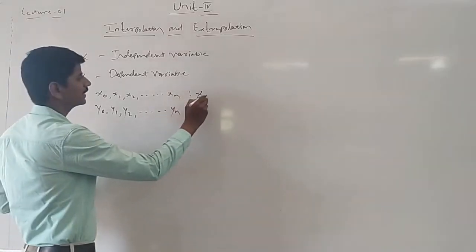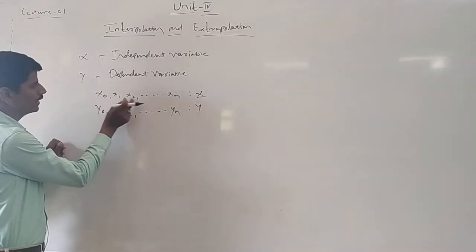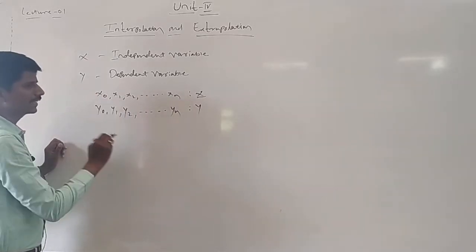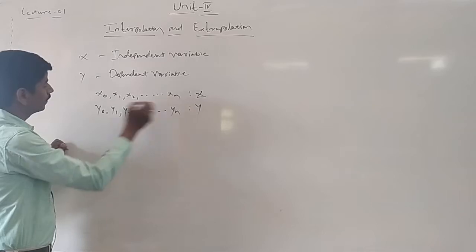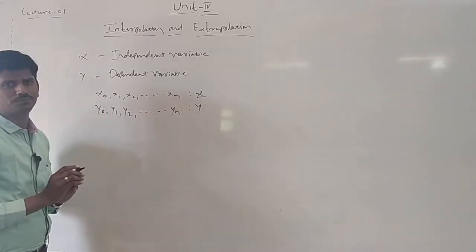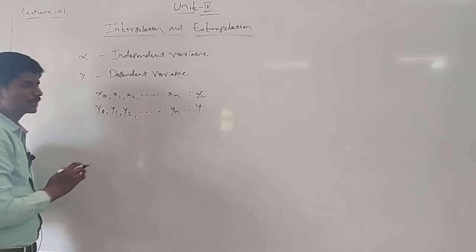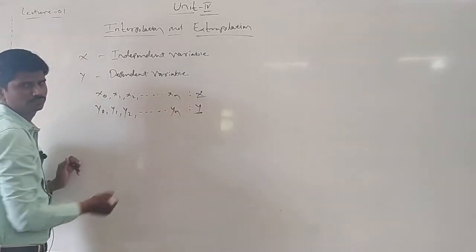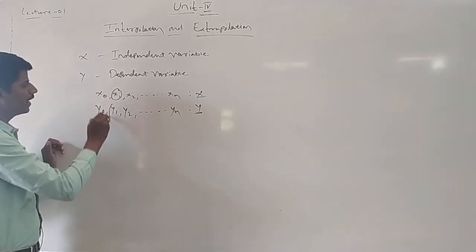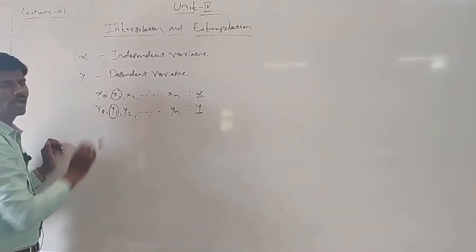Here x takes the values x0, x1, x2 up to xn, starting from 0, whereas y takes the values y0, y1, y2 up to yn. With the help of the x value we can find the y values.